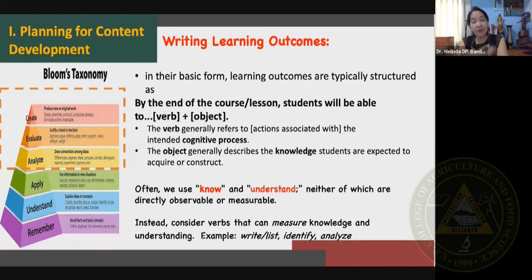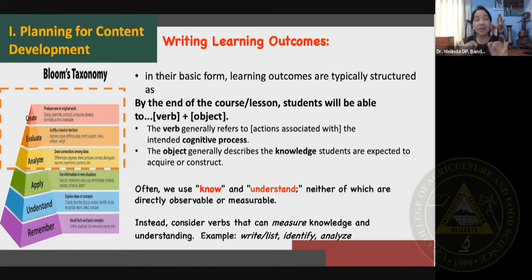So paano natin malalaman na alam nga nila o naintindihan nila? So instead of saying know and understand, what about write, list, identify, analyze, construct, 'di ba? Yung makikita natin, or demonstrate a particular skill, 'di ba? So yung pwede nating makita, directly observable or measurable.